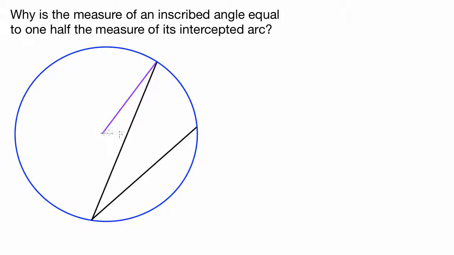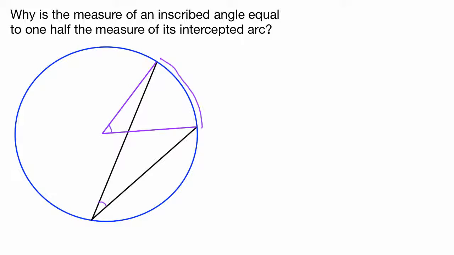So this right here is the central angle for this arc. Remember, the measure of the central angle equals the measure of the intercepted arc, so we just need to prove that this angle right here is twice the measure of this angle right here.